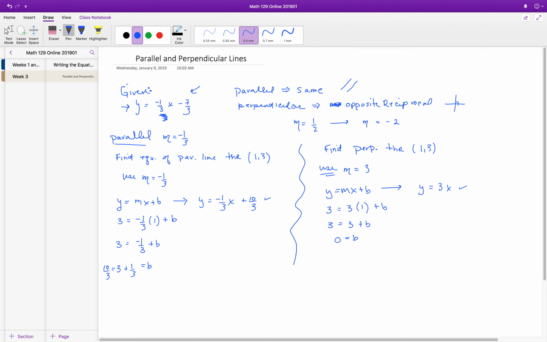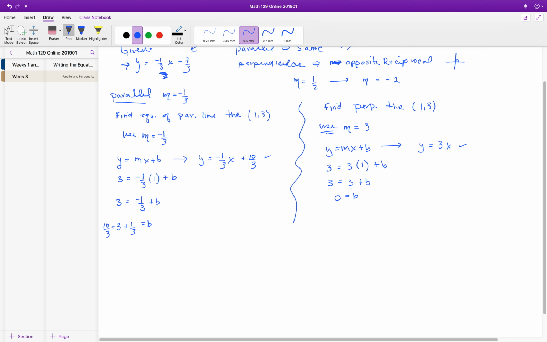Probably the trickiest question you sometimes see with parallel and perpendicular lines is when the equation is not given in y equals mx plus b form. So this one is the trickier one.